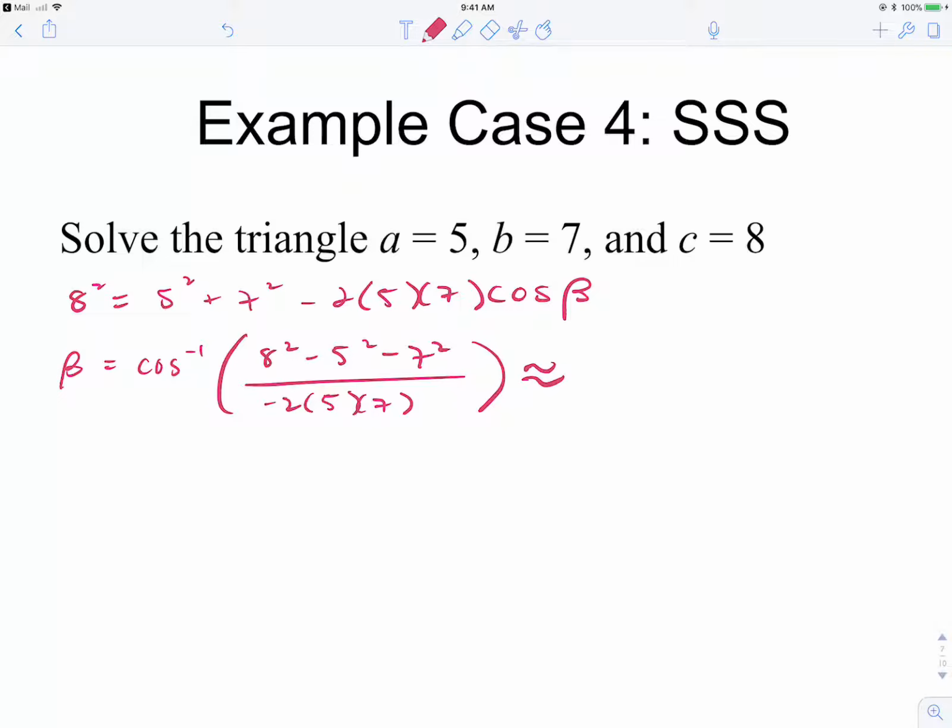So we get that beta is 81.7868 degrees. Okay, and then we need to solve for another angle.